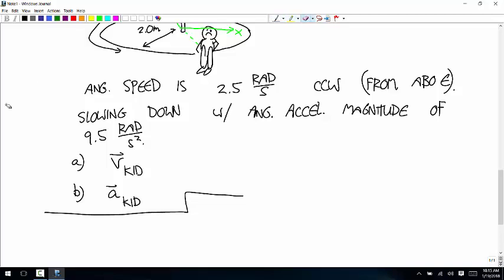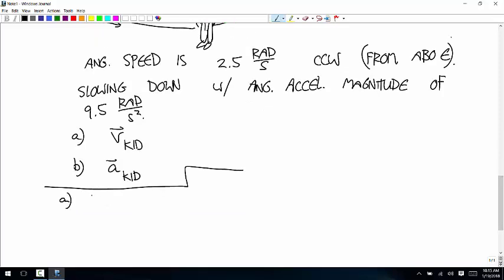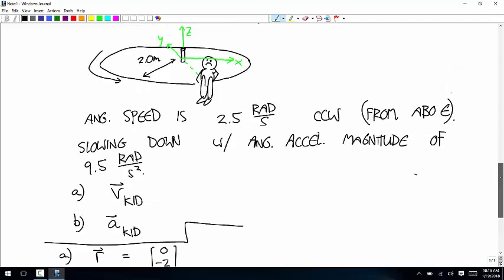So at this instant, and only at this instant, because that r vector changes, the r vector is 0, -2, 0. He's in the negative y direction from the center.